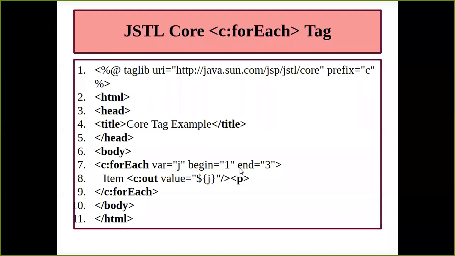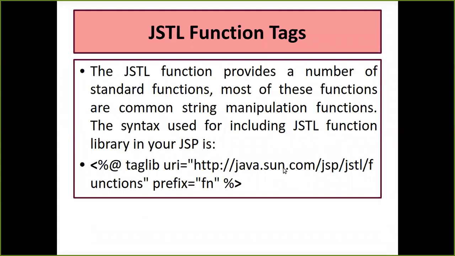So now you print the value of J with an expression. It starts from 1, prints 2, and also prints 3. So what will be the output? 1 2 3. Fine.